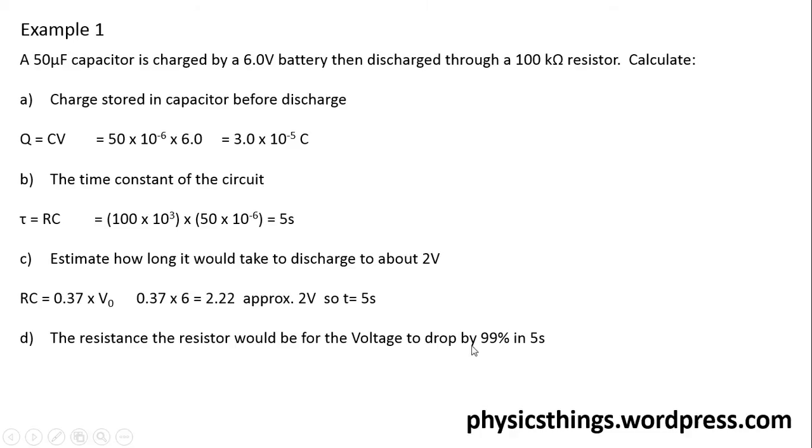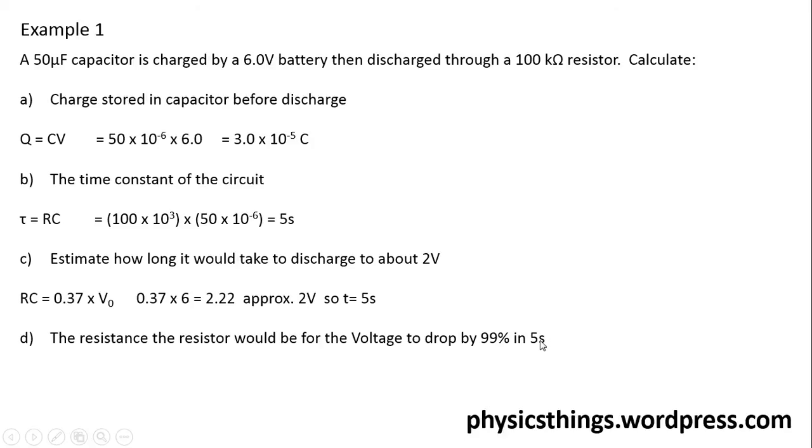Another typical estimate question is for you to work out what the resistance or the capacitance would need to be for the voltage to drop to a certain amount. Now in this case, it wants you to estimate what the resistance would need to be for the voltage to drop to 99% less than the initial voltage. So it's dropping to 1% or 0.01. So we need to know how many stages of the time constant, 0.37, it would take to get to that.